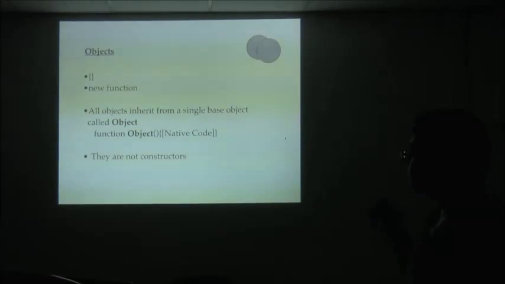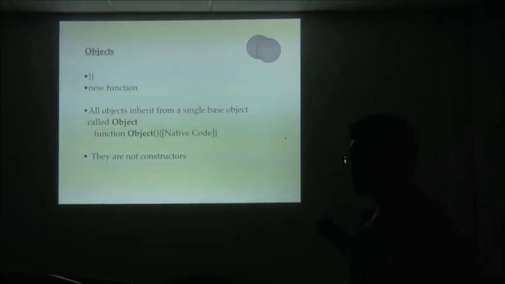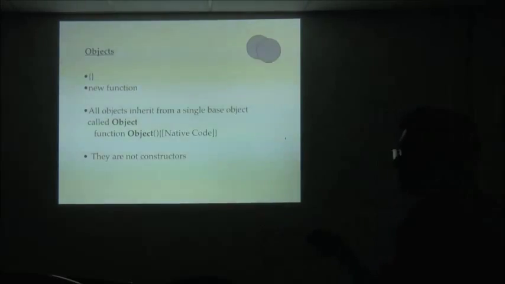The main difference between this and function objects is that these objects don't behave as constructors, and you can't actually instantiate new objects out of them.